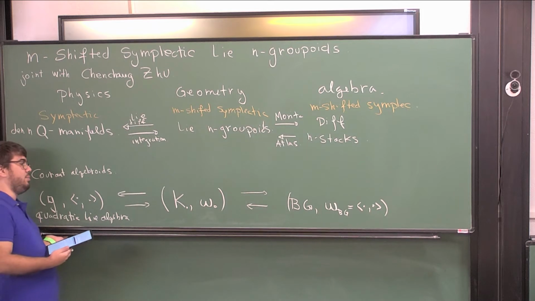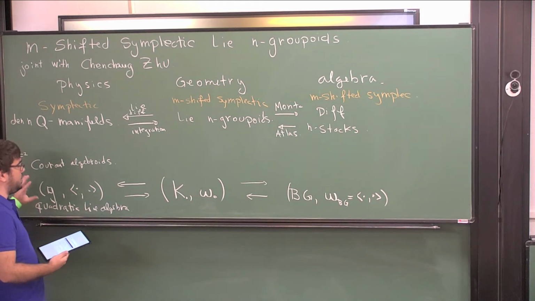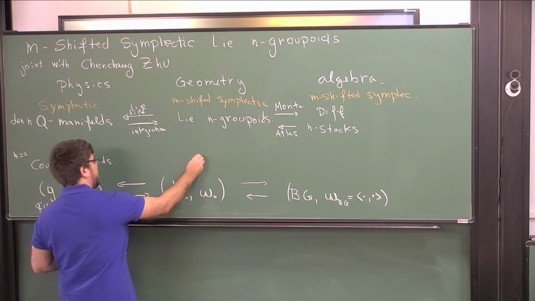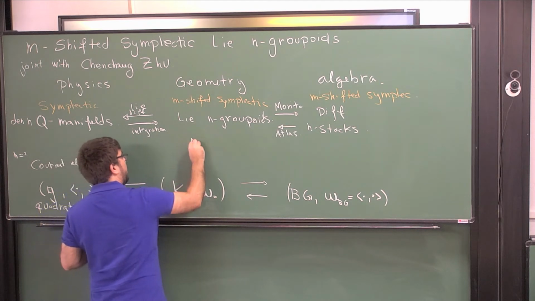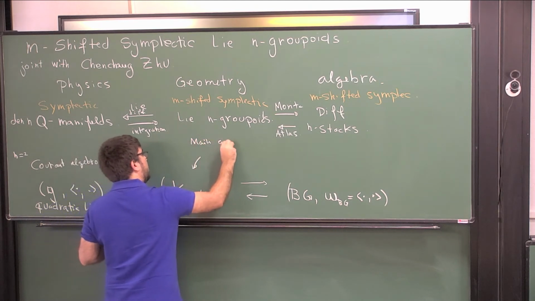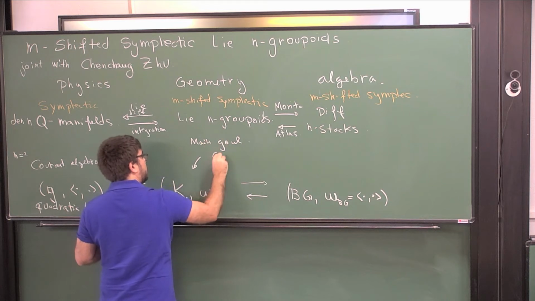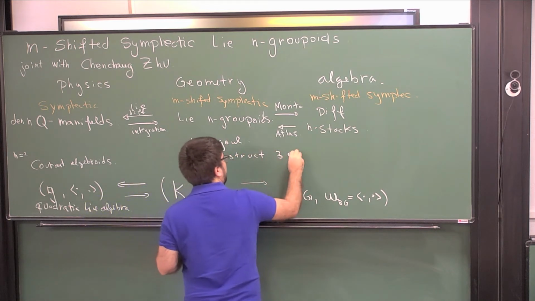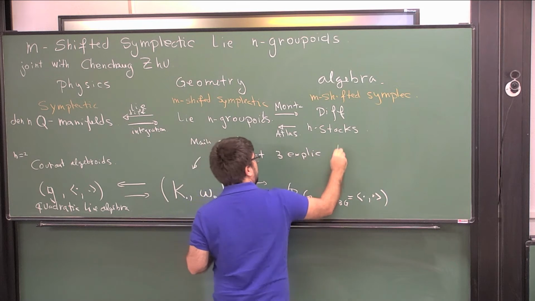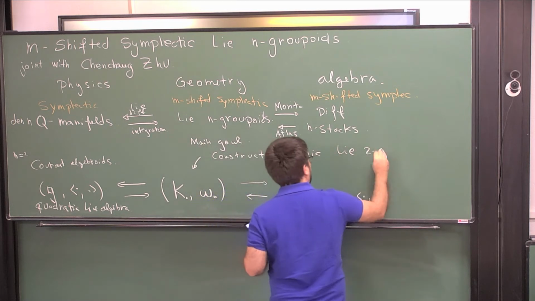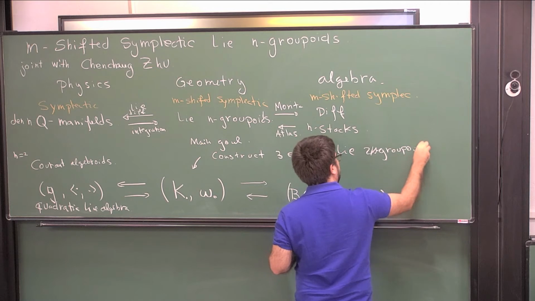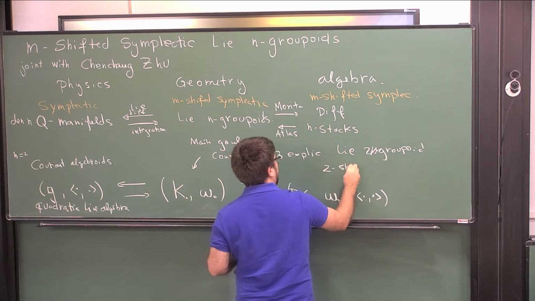And in just one case we are able to show that that's the case, but anyway. So the main goal is to construct this. Let's construct Lie 2 or Lie 1 groupoids, and these are two-shifted symplectic.